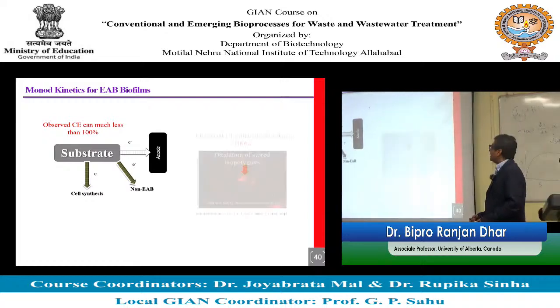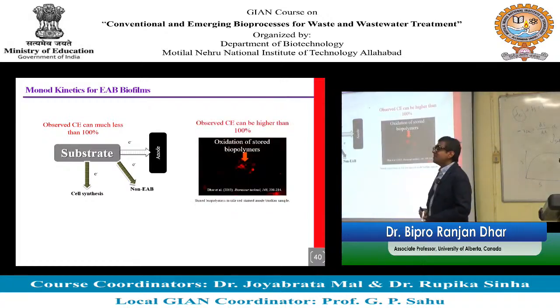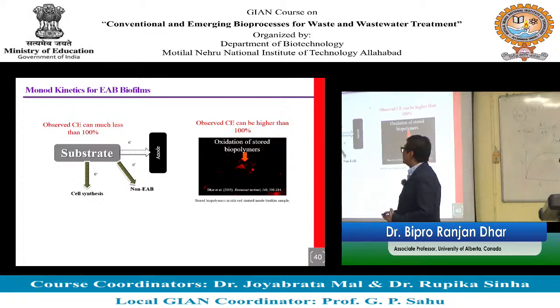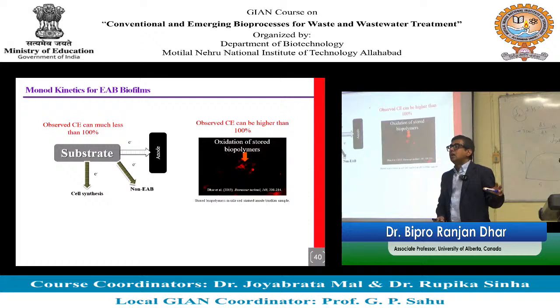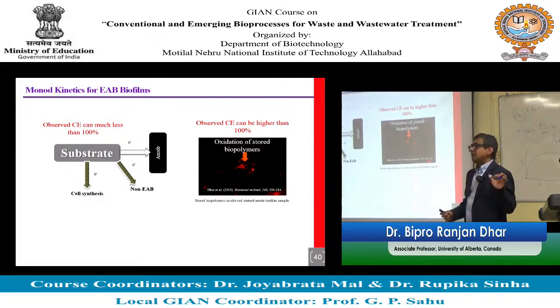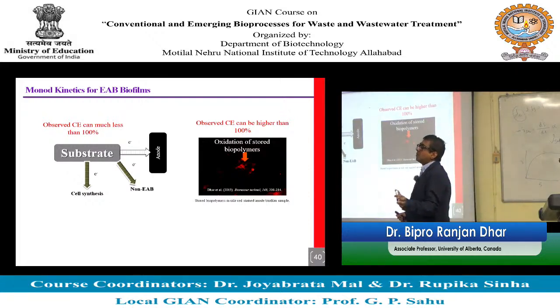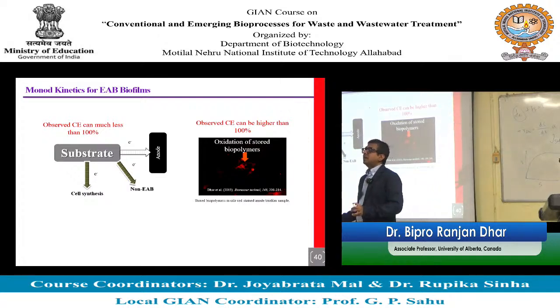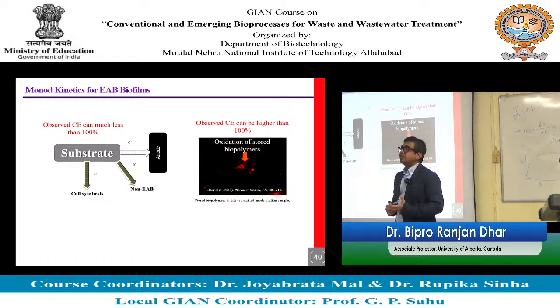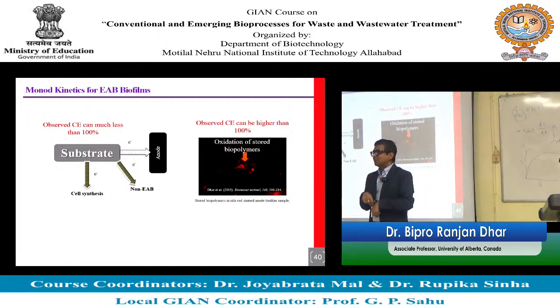Even in one of my experiments, done back in 2012, we found that our coulombic efficiency was continuously higher than 100%. Then we went back to the literature and found what happened. Those microbes, you remember phosphorus accumulating bacteria? In anaerobic condition, they take VFA and store it as biopolymer. Those microbes can also do that.